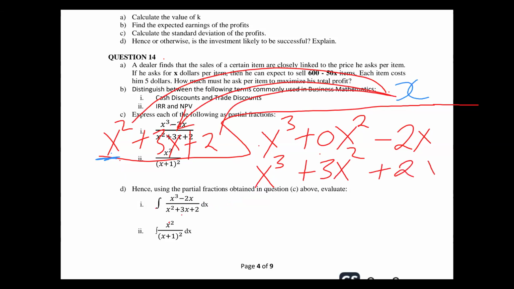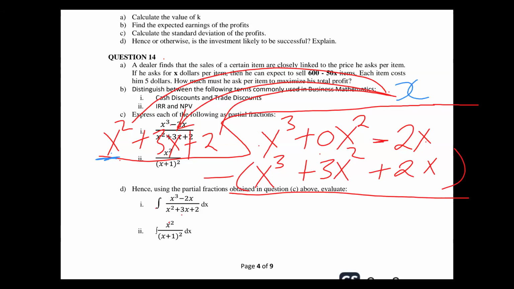Then in a similar manner, you deduct. Is this negative or is it supposed to be positive? It's supposed to be positive, 2x. No, this one is supposed to be negative, which is on top.